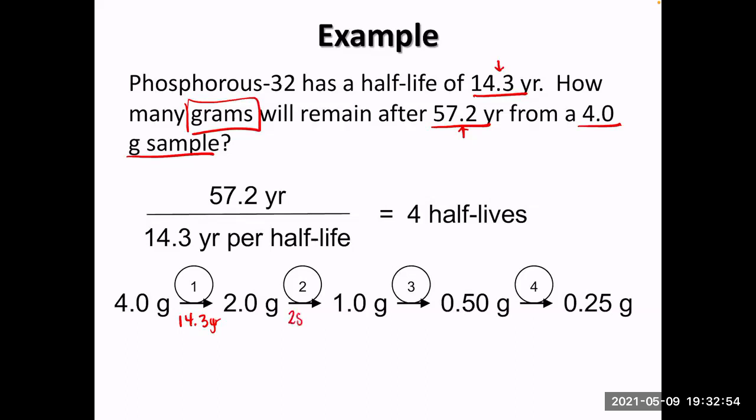So this is 28.6 years plus another 14.3 is 42.9 years plus another 14.3 is 57.2 years. So you can do it that way. And that way, if you don't remember to divide, then you can still get the same answer.